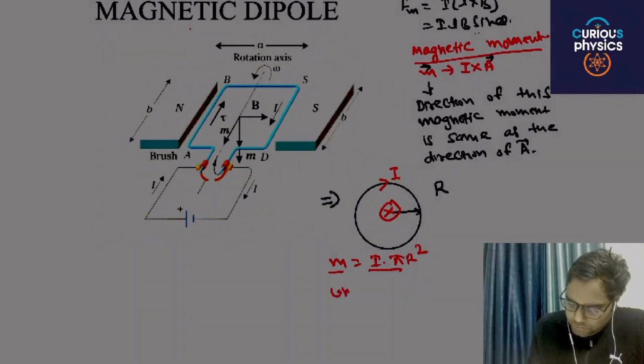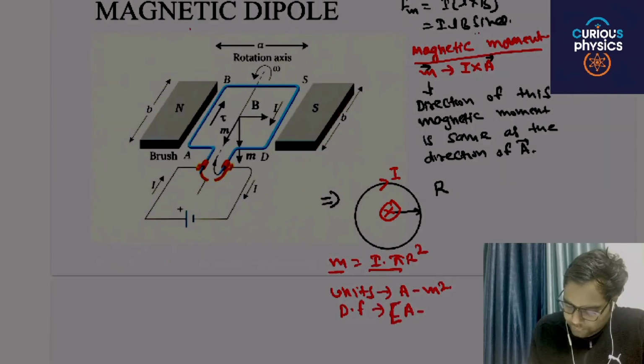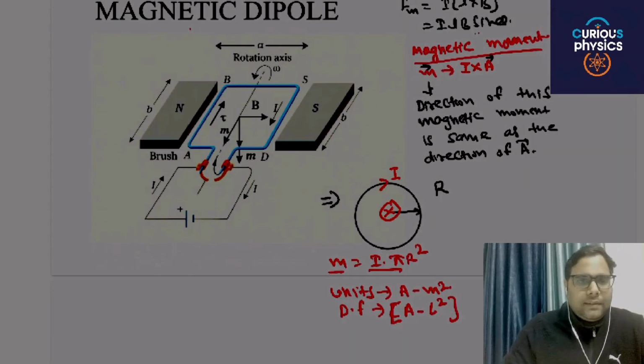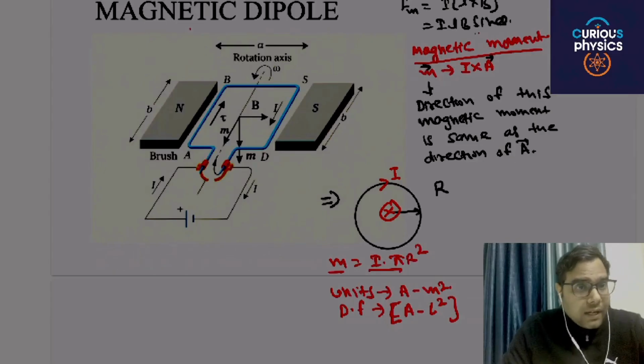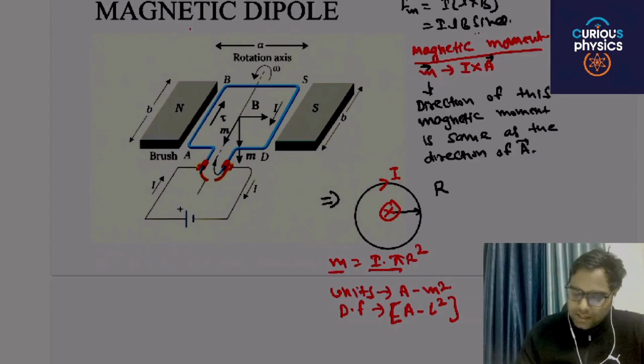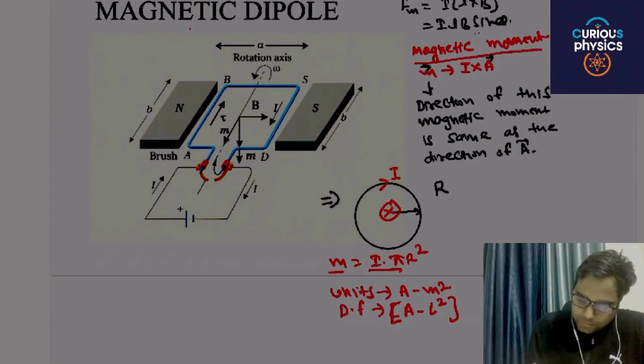The unit of magnetic moment is ampere meter square, and the dimension formula is A for current and L square for length. The main thing is direction. So let's start the concept of torque.